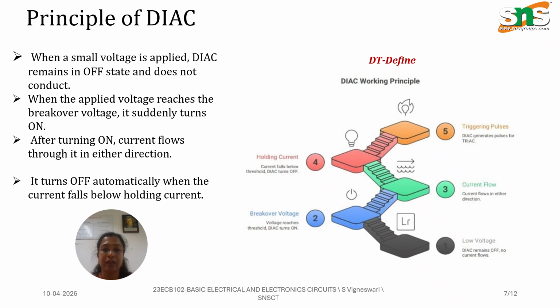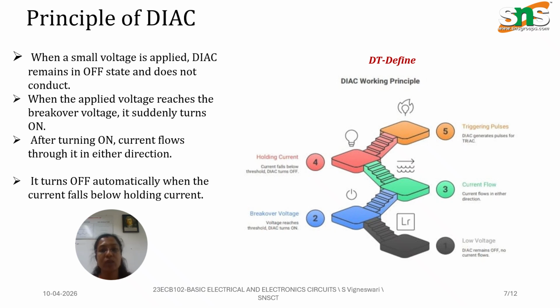Principle of Diac. How is a Diac applicable for smooth triggering? When a small voltage is applied across the device, it remains off and does not conduct. Only a very small leakage current flows. As the applied voltage increases and reaches the breakover voltage, the diac smoothly turns on.